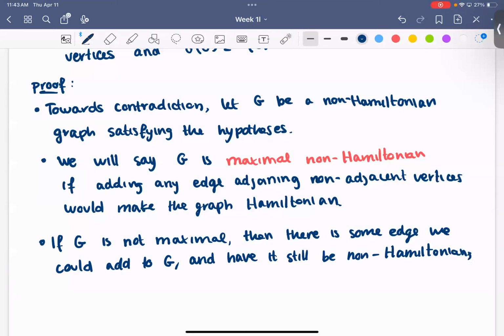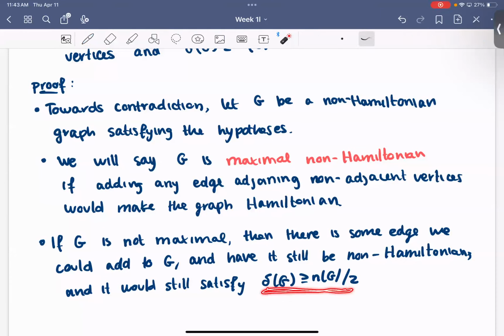And in addition, it would still satisfy this condition: delta of G is greater than or equal to n of G over 2, right? Because all that could have happened is, the number of vertices stayed the same, I added an edge, and potentially that increased the minimum degree of some vertex. So that means that we would still satisfy this.